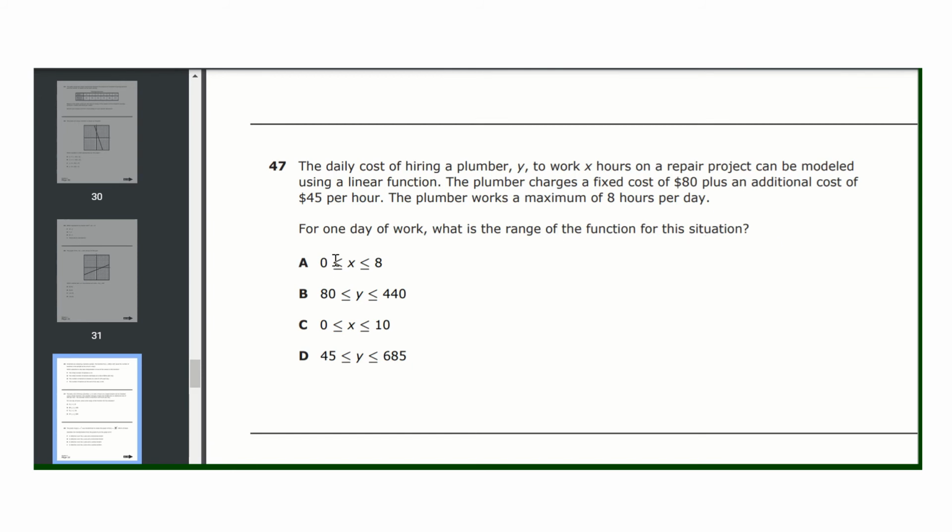A, 0 is less than or equal to x is less than or equal to 8. B, 80 is less than or equal to y is less than or equal to 440. C, 0 is less than or equal to x is less than or equal to 10. Or D, 45 is less than or equal to y is less than or equal to 685.